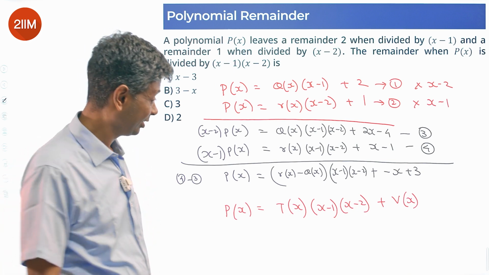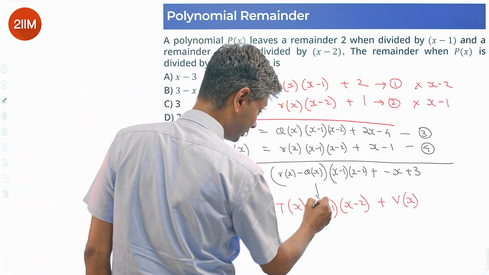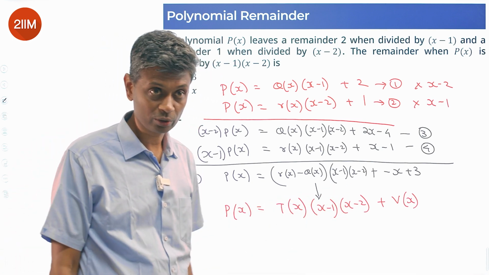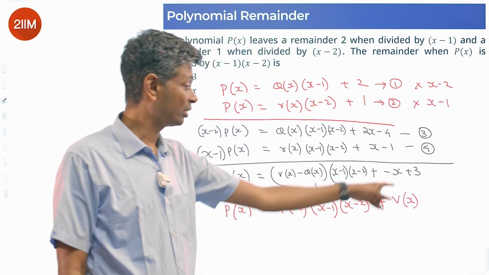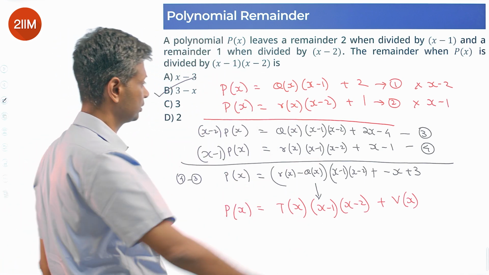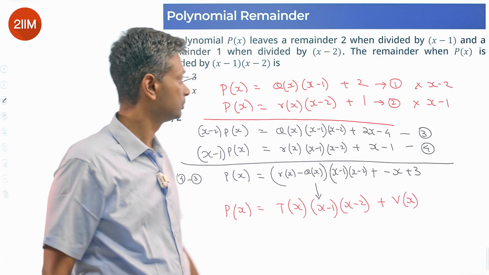Now this is exactly like this. The quotient is r of x minus q of x into x minus 1 into x minus 2. This side is p of x, or the remainder is minus x plus 3, or 3 minus x. Brilliant question.